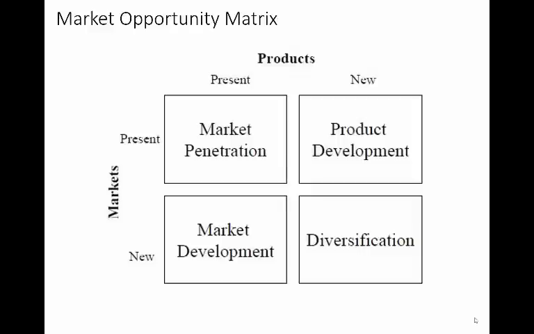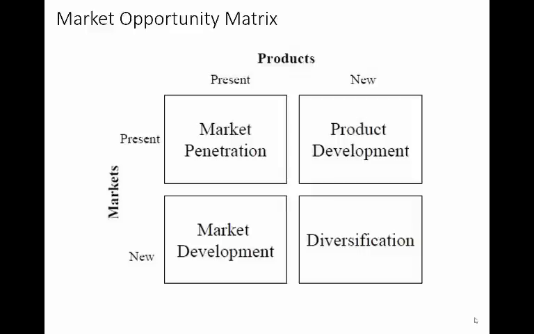If we are vertical, meaning that we could be diversifying along our supply chain. For instance, Netflix did this when it began to create original programming. It was reverse vertical diversification in that case.